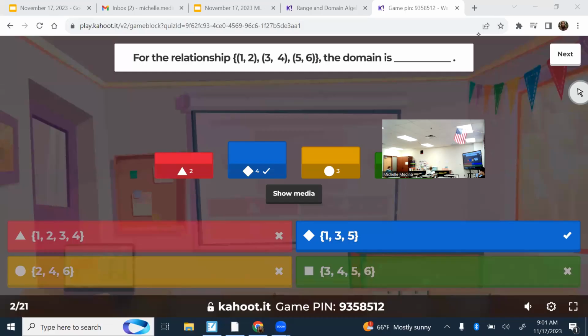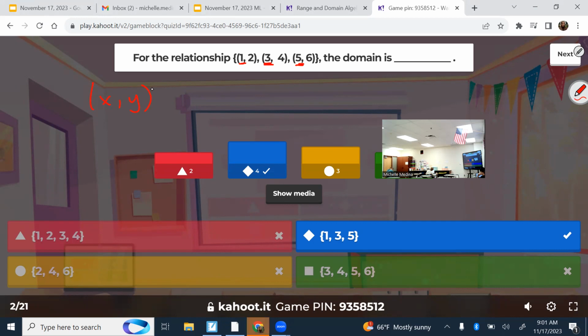All the odd numbers? No, not necessarily. The x's. And how do coordinates go, in what order? So if they're given to me as a list of coordinates, all the numbers that come first in each coordinate are my x's, therefore that's my domain.